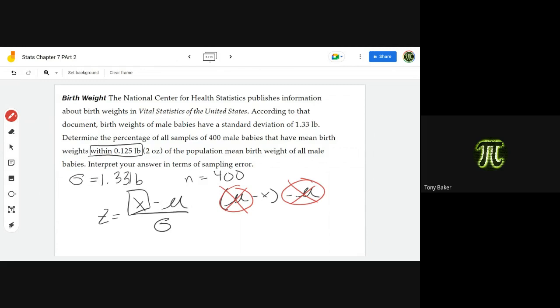So it ends up being just the x. So we don't actually have to worry about it when we're looking at percentages. We can just assume that this is my x divided by whatever my standard deviation is. Okay, that's my within. So in essence, what we're doing is we're making the mean 0.